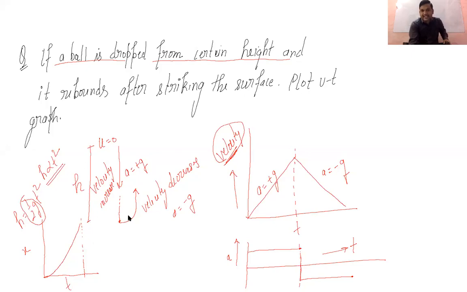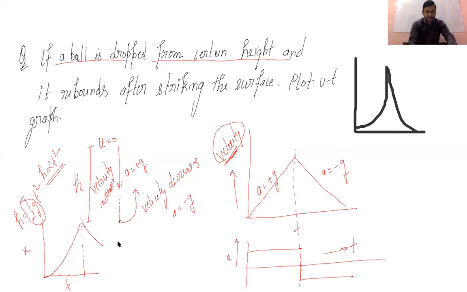Now you are saying that it is rebounding. So if it is rebounding, sometimes the graph can be understood in this way, like this. Okay. So in this case, it is going downward.